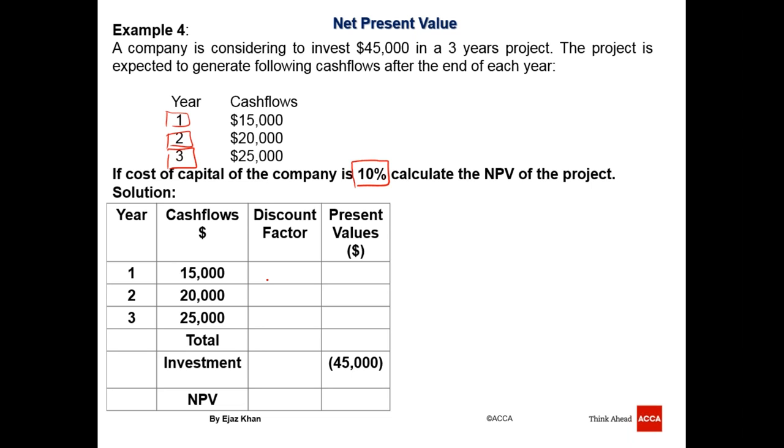So what discount factor should I write for year 1? 0.909, right? 0.826 and 0.751. So these values will just be copied from the discount factor table, and we just need to multiply these values to get the present value.